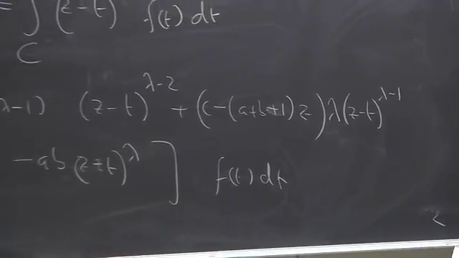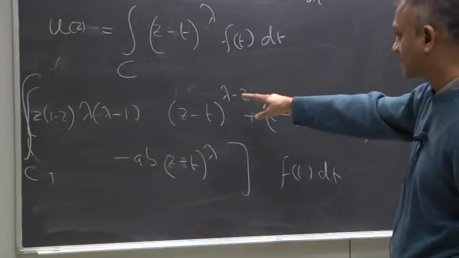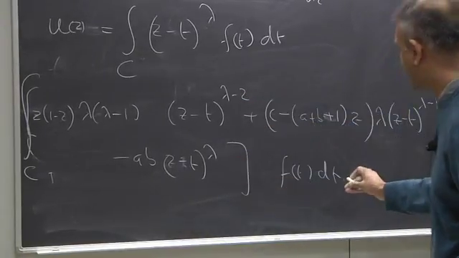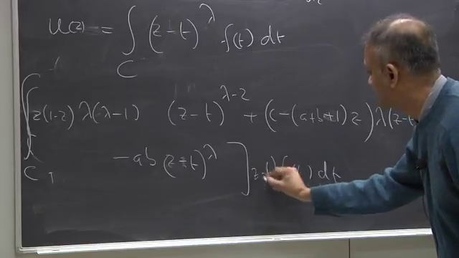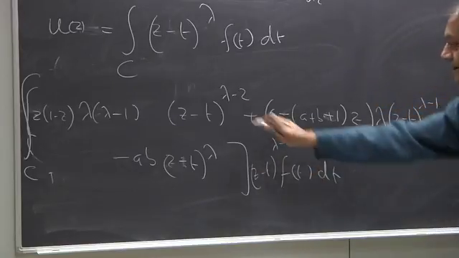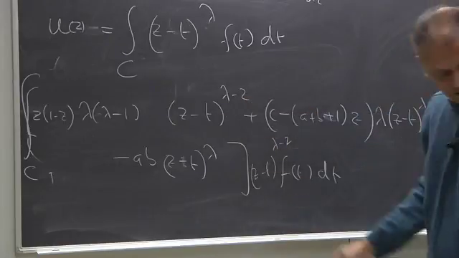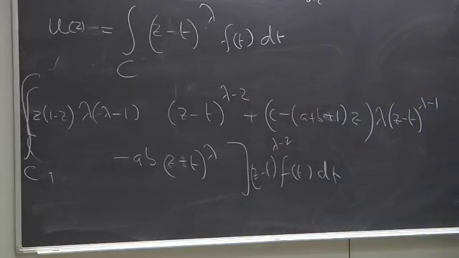So first of all, let's see this. I can take out some common factor, (z minus t) to the lambda minus 2, as a common factor.